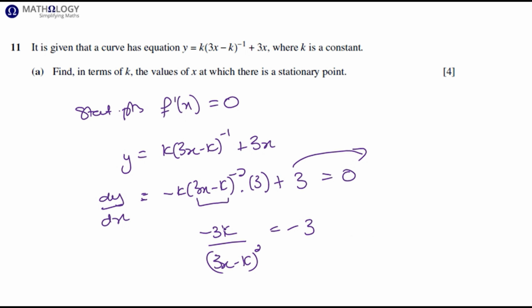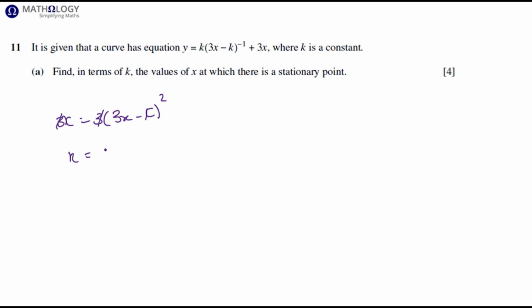We can divide both sides, or multiply both sides, by a minus sign. So we'll have 3k over (3x minus k) all squared equals 3. 3k equals 3 times (3x minus k) all squared. We can cancel these 3's over here.